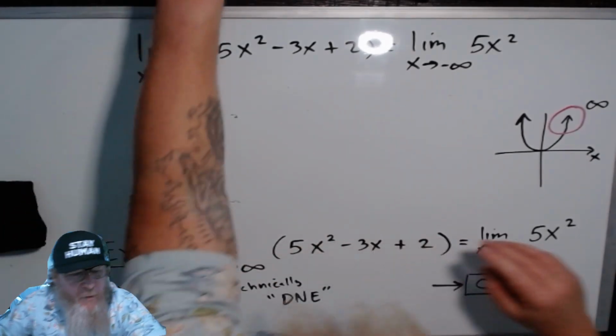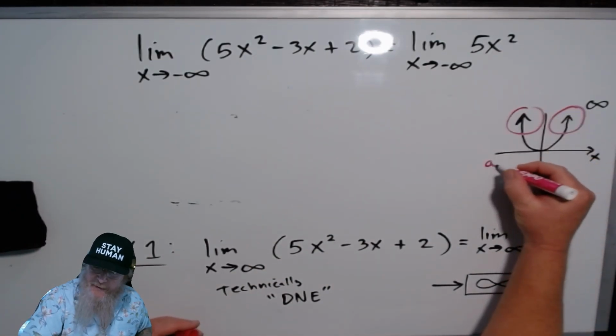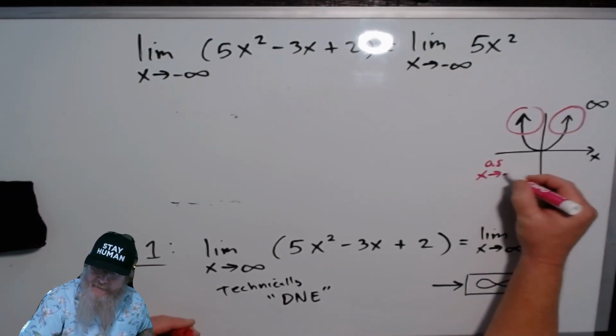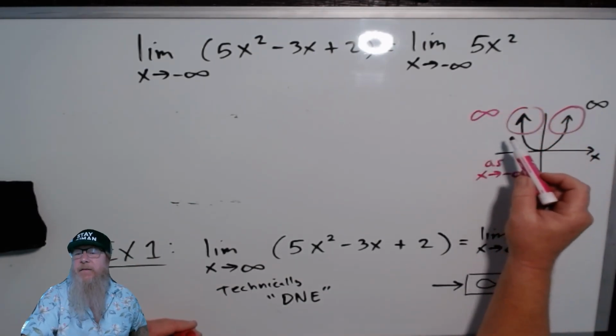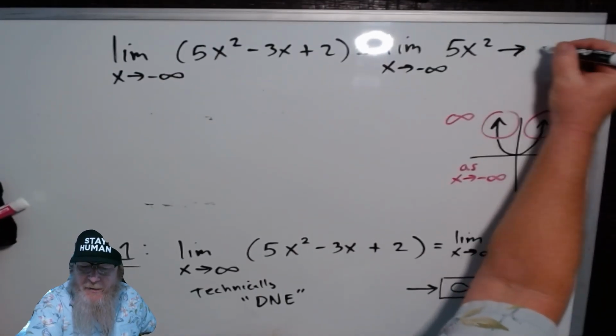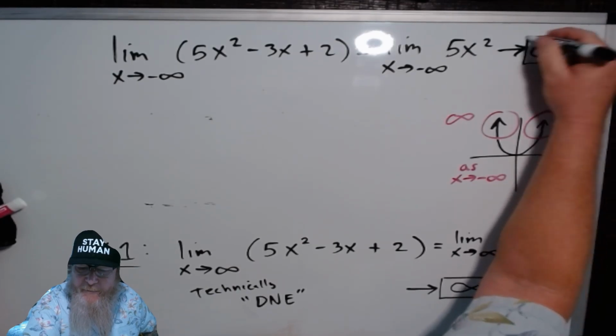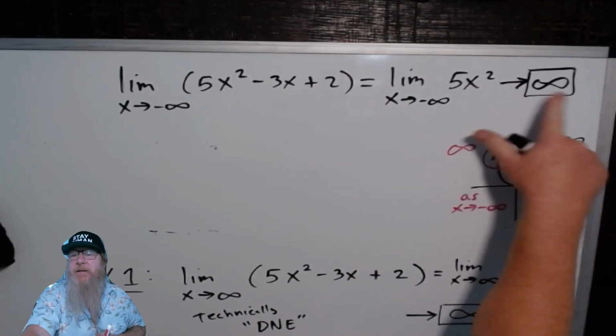All right, so now we're looking at this side. So this is as x goes to negative infinity on this side. Well, it's still going up. So this approaches positive infinity. The limit approaches positive infinity.